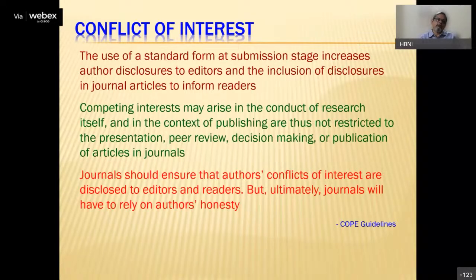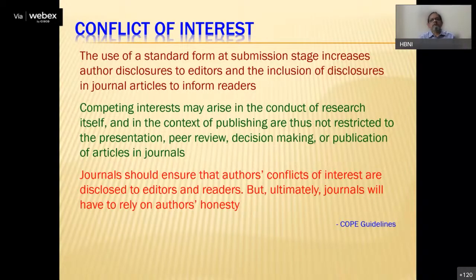So these competing interests may arise in the conduct of research itself and in the context of publishing, and are thus not restricted to just the presentation, peer review, decision making, or publication of the articles in a journal. The journals must ensure that authors' conflicts of interest are disclosed to the editors and the readers.